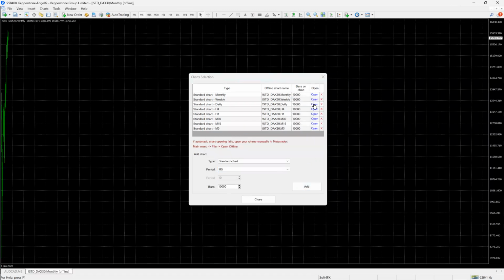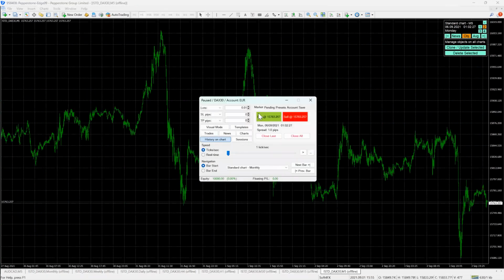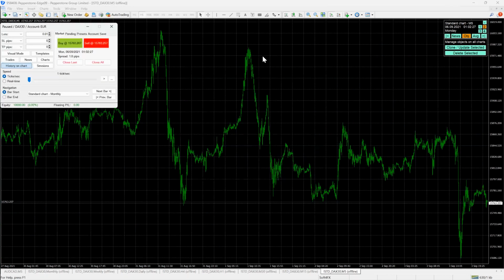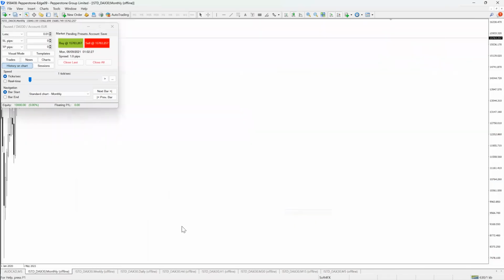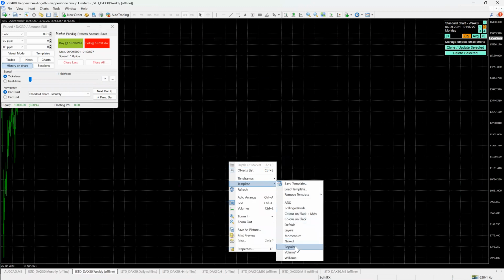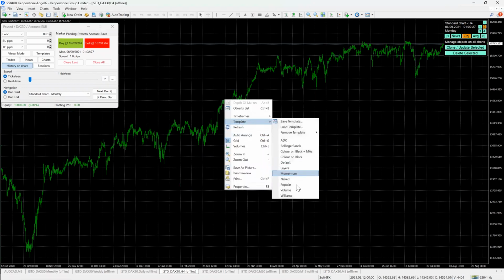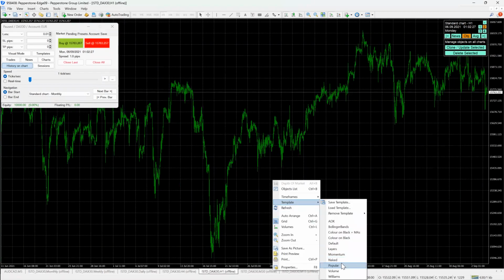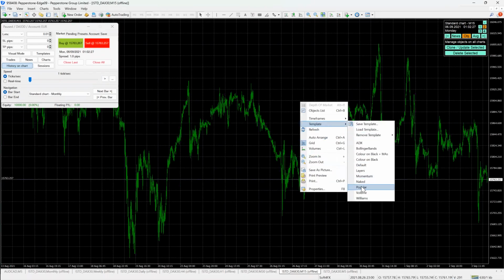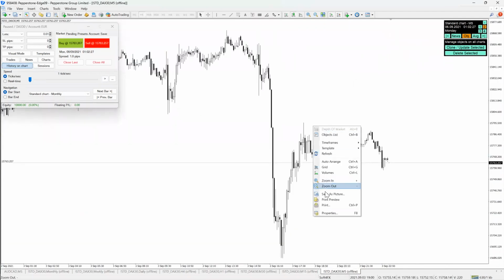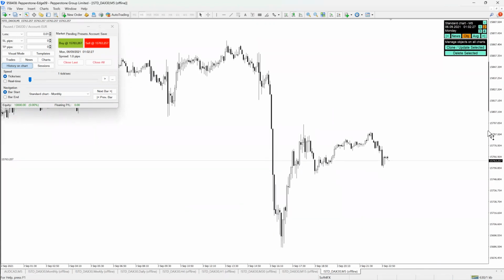Yeah, so let's open this up. Yeah, got scale fix, so it's easy to see.